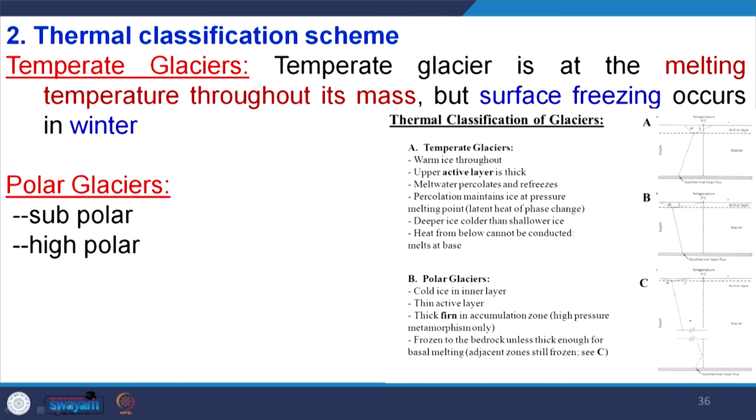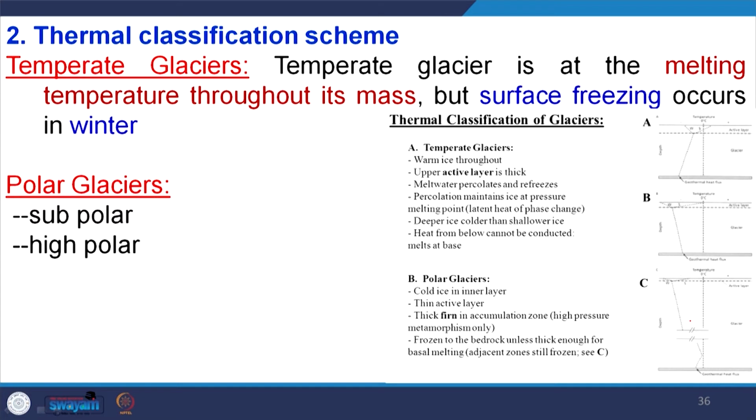Then another scheme of classification is called the thermal classification scheme. Thermal classification means based on temperature. Though we know the glacial system is a low temperature phenomenon, with temperatures in the minus degrees Celsius, still based on temperature we classify glaciers, starting with temperate glacier. A temperate glacier is at melting temperature throughout its mass, but surface freezing occurs in winter.